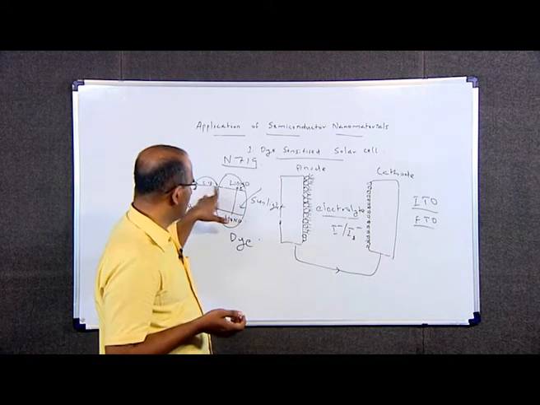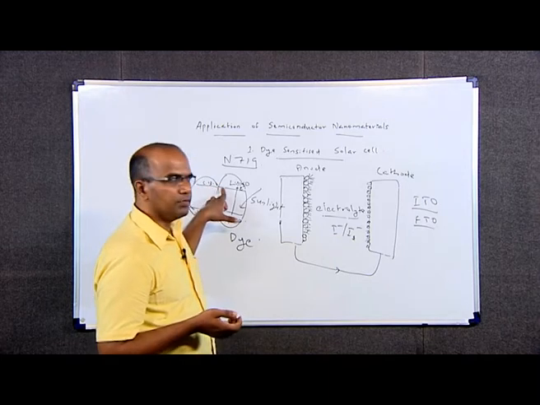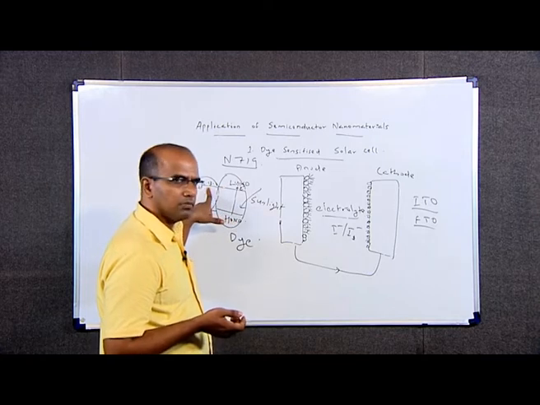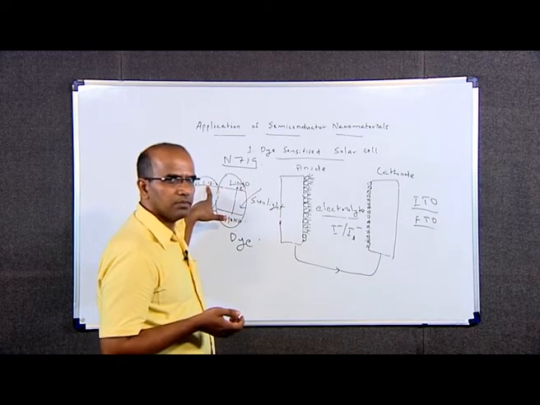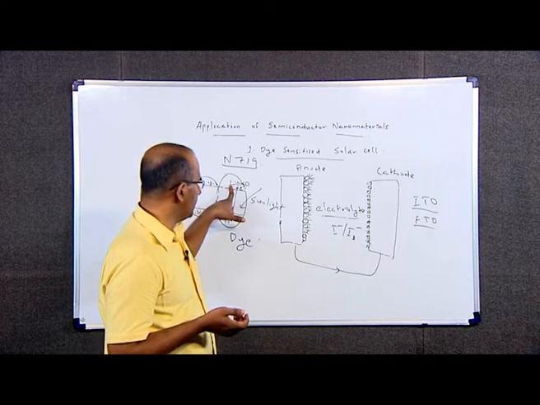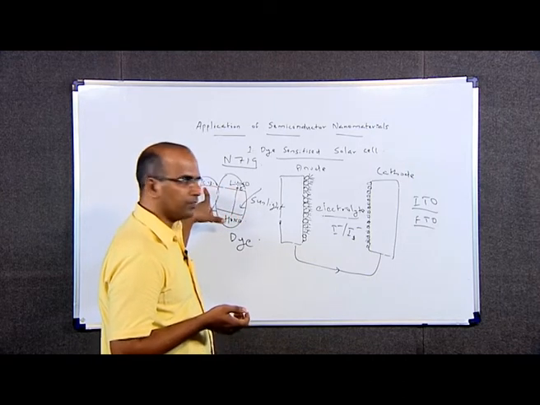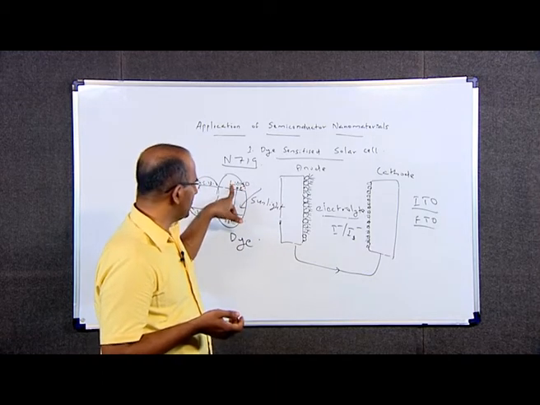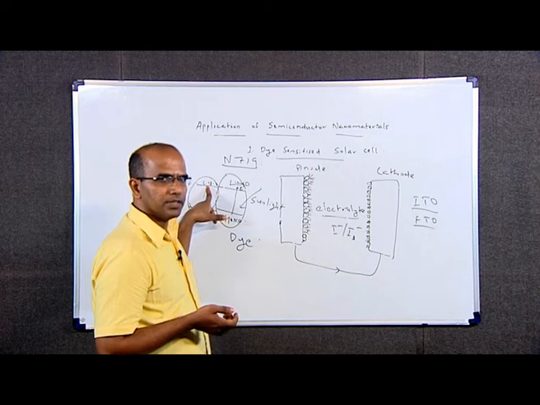So, this potential should be very matching. The LUMO potential should be very much matchable to the conduction band potential of the semiconducting oxide. Then only the electron can move from here. First the electron moves from the HOMO to the LUMO, and immediately it should go to the semiconducting oxide.